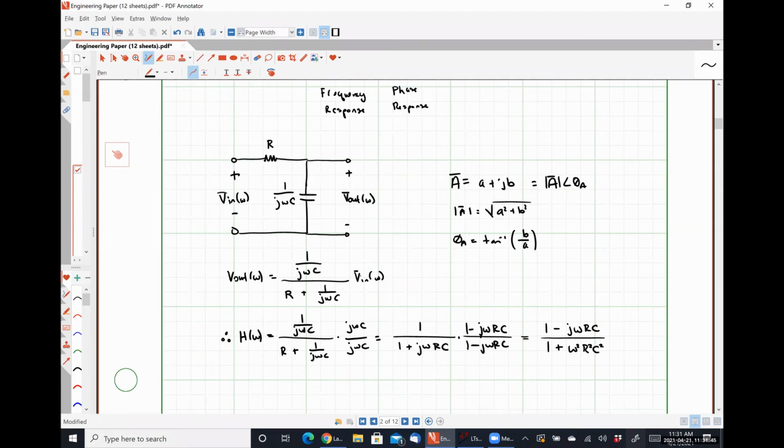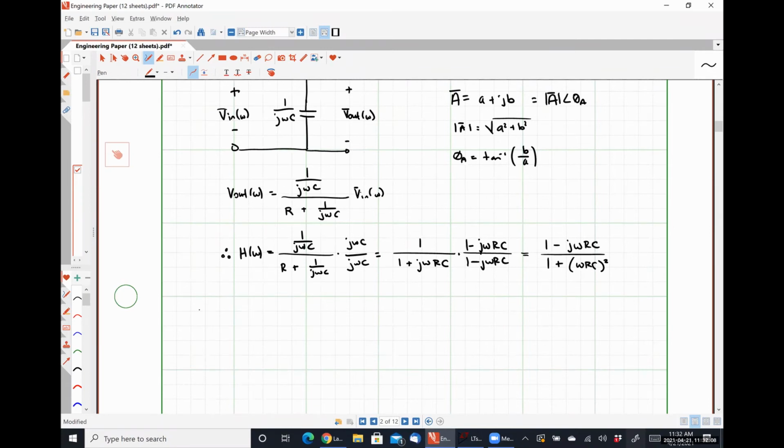Actually, I think I would prefer it that other way. So I'm going to rewrite this as 1 plus omega RC quantity squared. And we could just as easily say that this one is 1 squared as well to denote what's going on there.